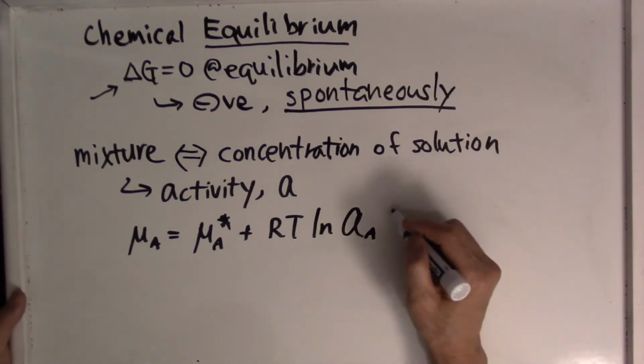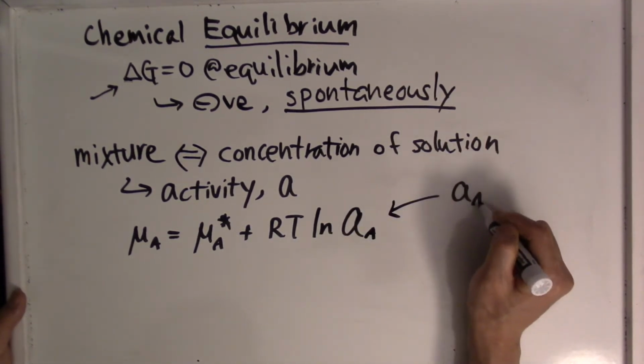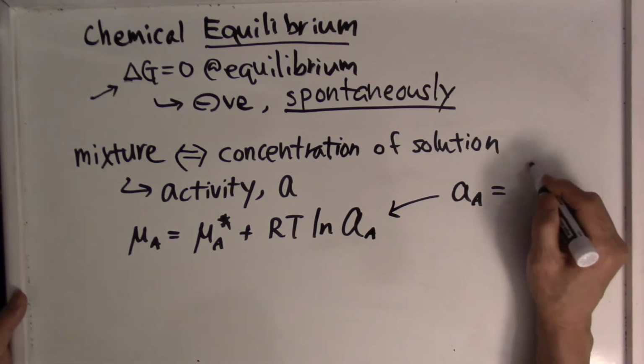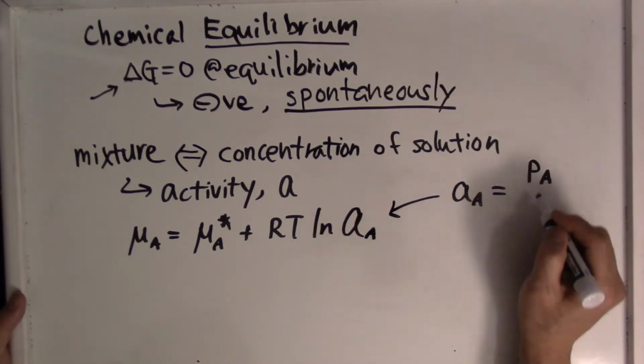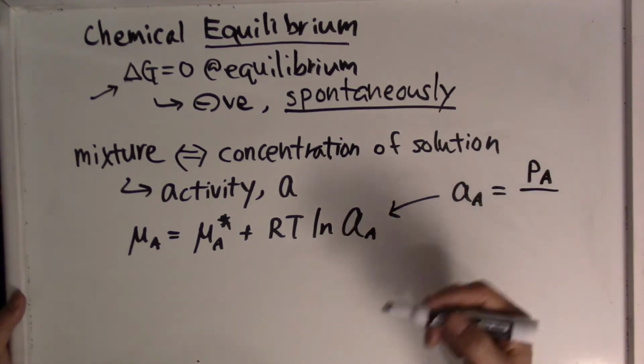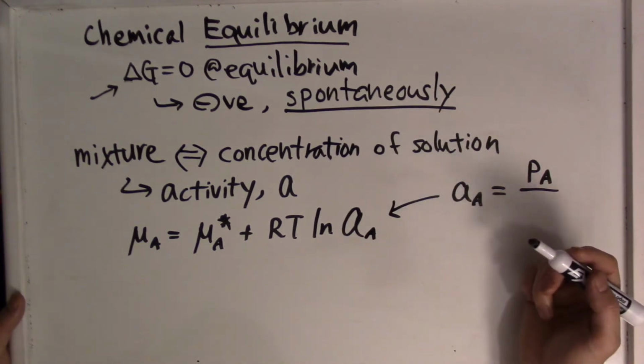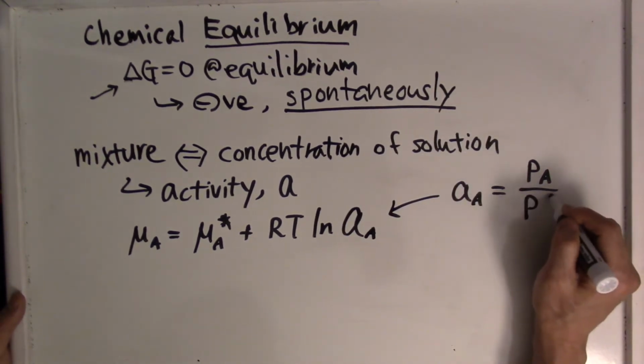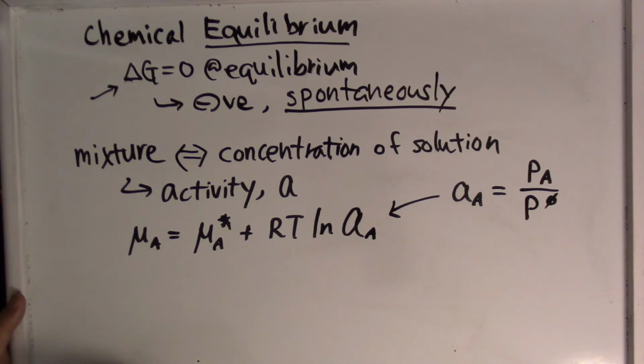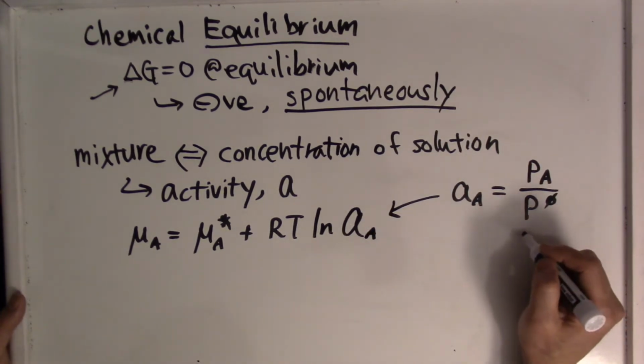But activity of A is a vapor pressure. So it's a partial pressure, the real vapor pressure when it's a mixture, divided by the standard pressure 1 bar.